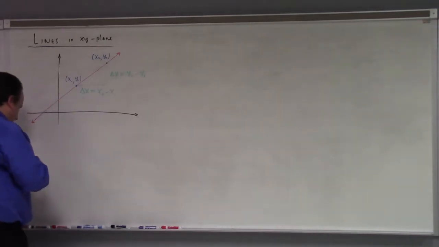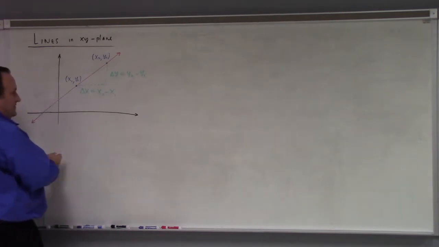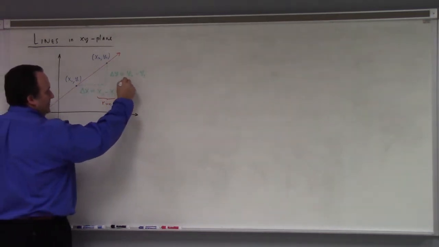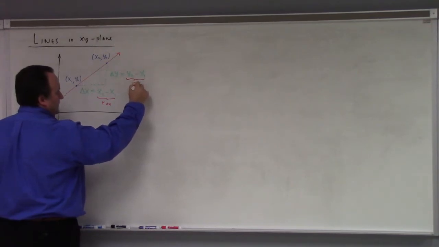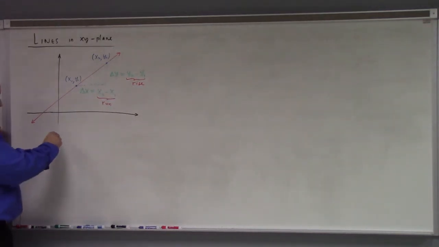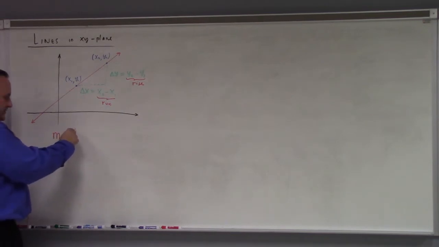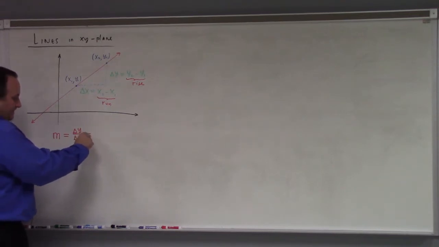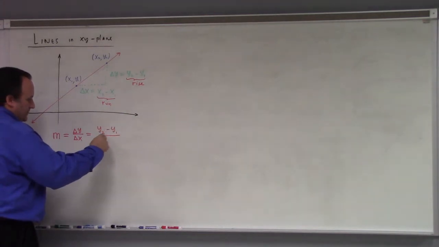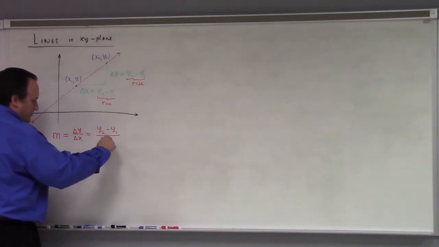Oftentimes those are referred to as the run, and this is the rise. And what happens when you take the ratio of the rise to the run? What do you got? m equals delta y over delta x, so this is y2 minus y1 over x2 minus x1.